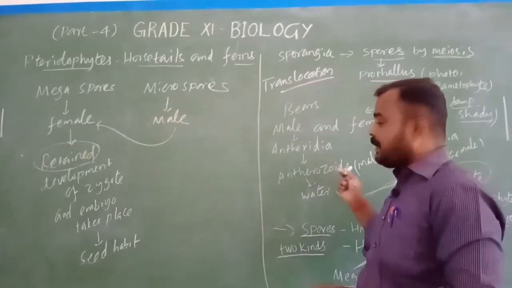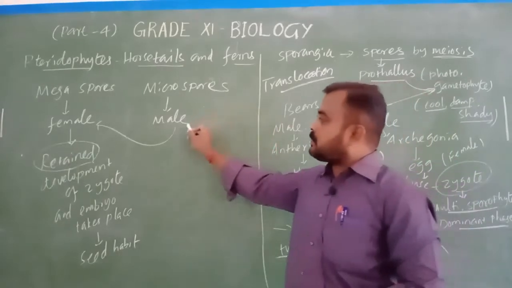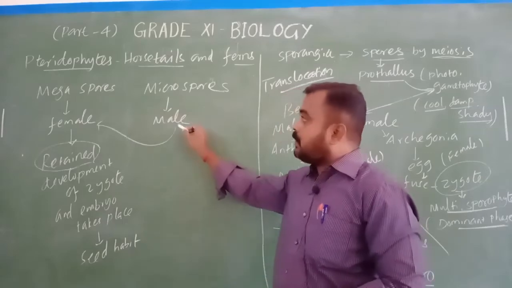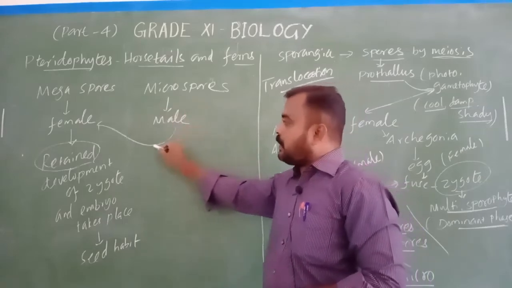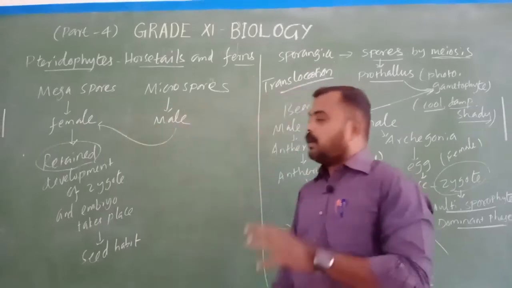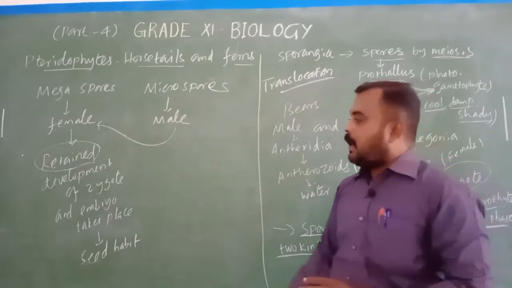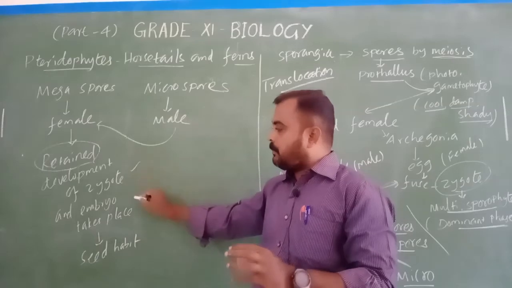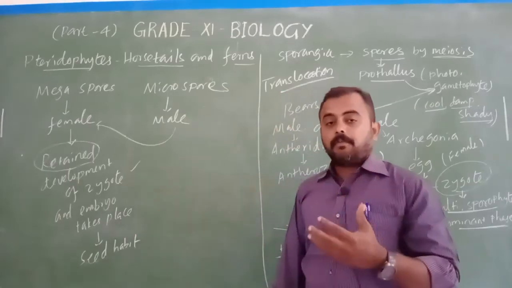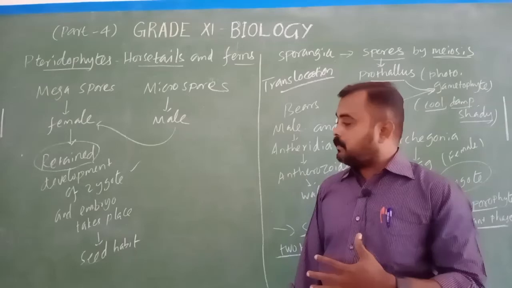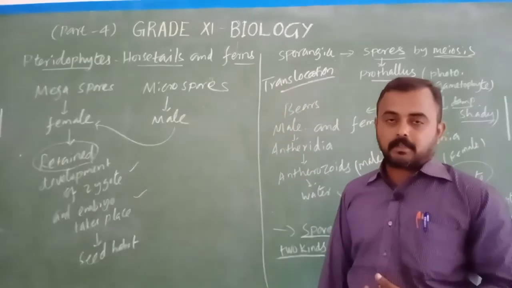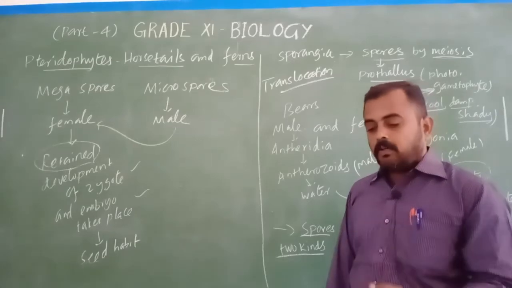Male is small, female is the biggest one. So it fuses with the female gamete and fertilization happens. Zygote will be formed, followed by embryo growth.